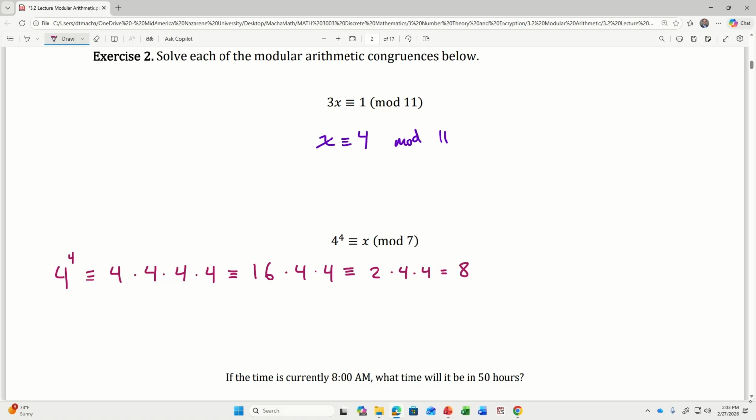And 2 times 4 is 8. But what's 8 mod 7? 1. So again, if I only care about what this is congruent to, then x is congruent to 4. 4 to the power 4 is congruent to 4 mod 7.